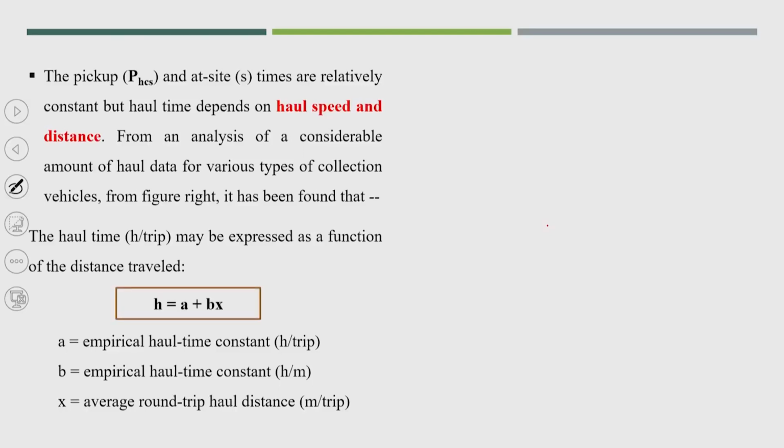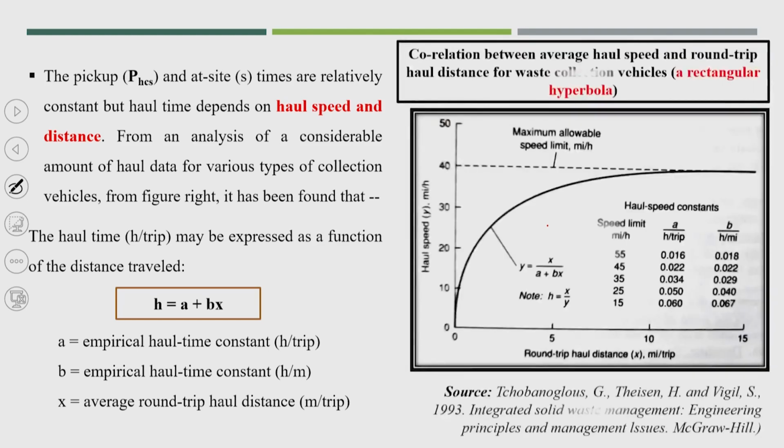So, the haul time may be expressed as a function of round-trip haul distance, that is, h equals a plus bx. If you plot a graph between haul speed and round-trip haul distance, we will see here a rectangular parabola. See here, and here we see the different speeds also.